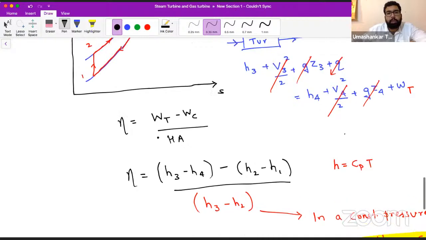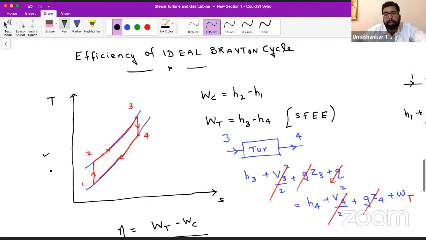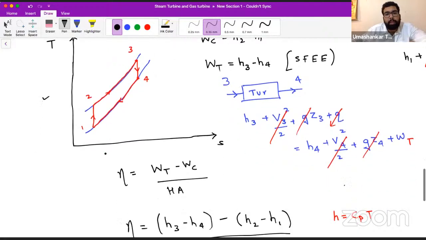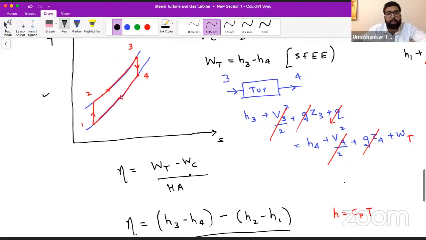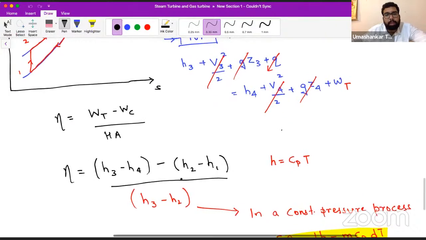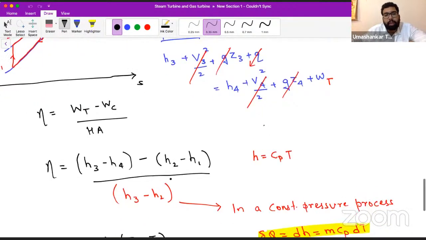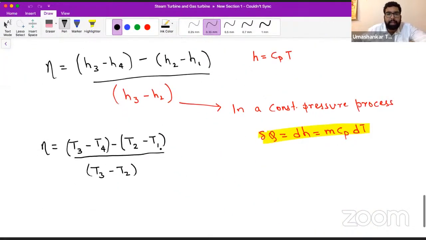This is the TS diagram of our ideal Brayton cycle. From here we can say the efficiency is turbine work minus compressor work upon heat added. Turbine work, derived from the steady flow energy equation, is H3 minus H4. Again from the steady flow energy equation, the compressor work is H2 minus H1, and the heat addition, the input to this cycle, is H3 minus H2.